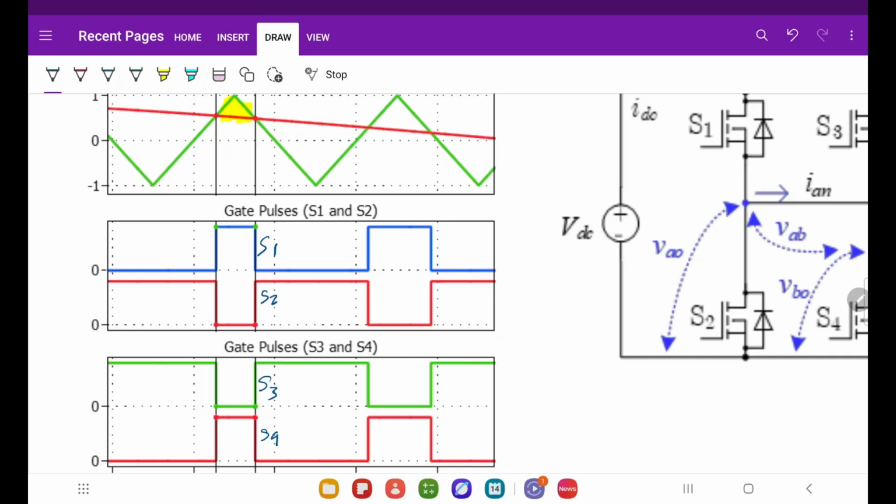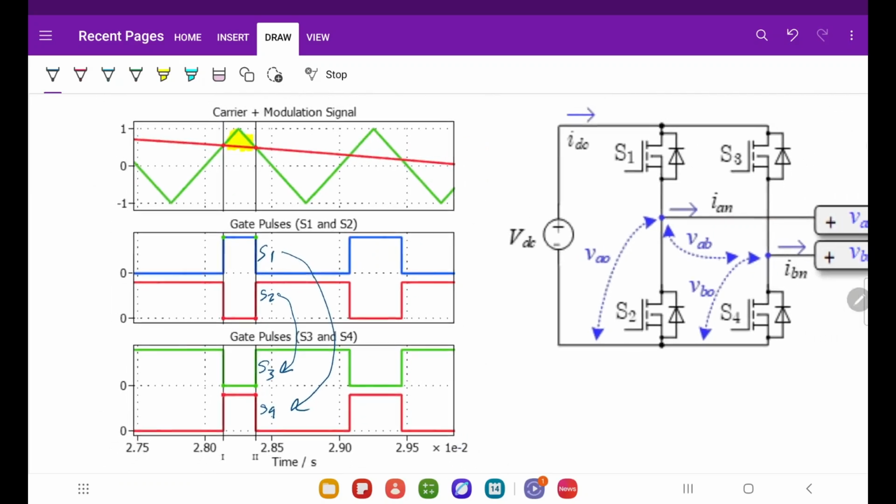So S2 is the complement of S1, S3 is again identical to S2, and S1 and S4 I have also taken identical, okay. So this is how I can use PWM here. So this is my S1, this is S2, this is S3 and S4.